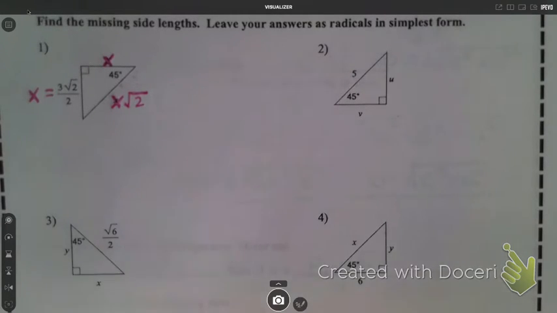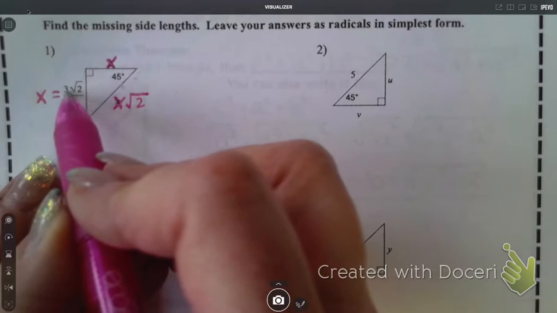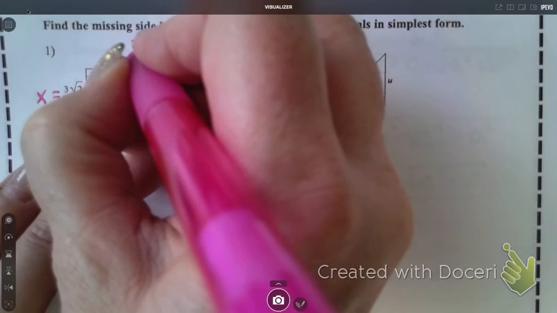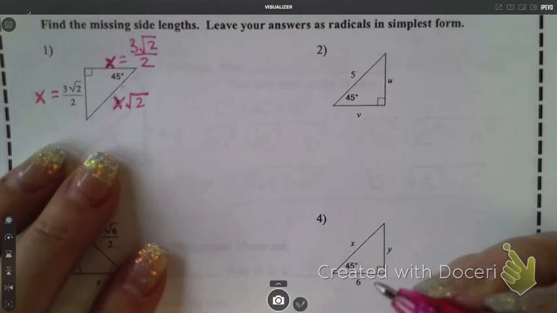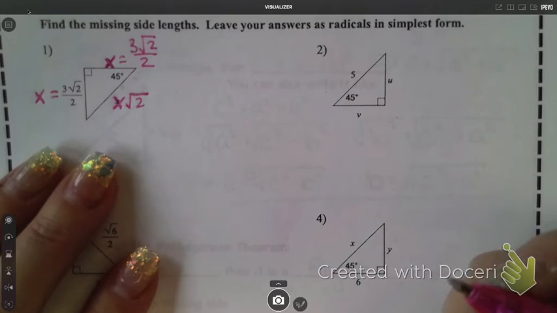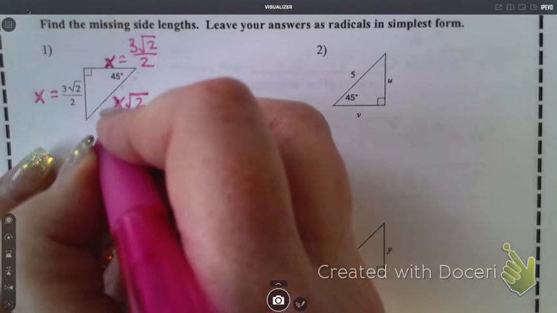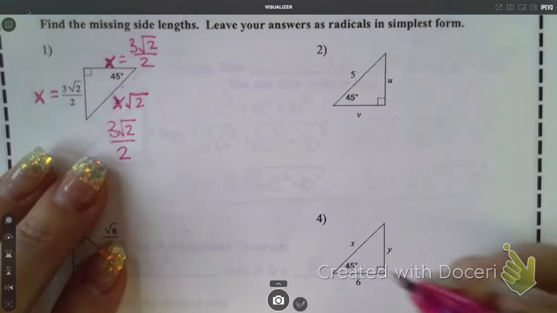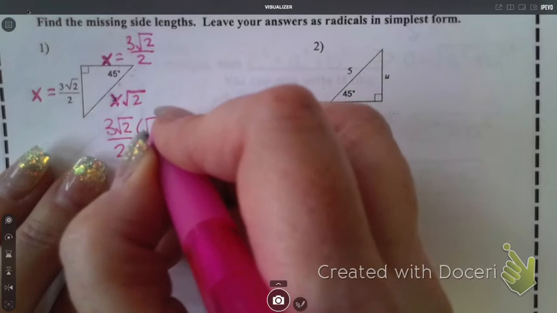Okay, so if the hypotenuse is 6 and the leg is 3 square root of 2 over 2, what's the other leg? 3 square root of 2 over 2. That's pretty easy, right? Yeah. Does that just become 3? Okay, 6 over 2. What's x? 3 square root of 2 over 2. That just becomes, right? Yep. Times the square root of 2.